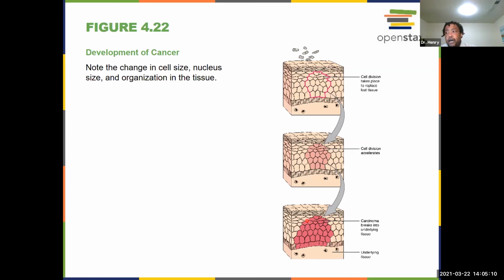Now, if they're able to break off and get into the bloodstream or the lymph node system, then they'll start going to the lymph nodes or other areas, the lungs. For instance, my mom had breast cancer. Her lump had gotten so big that those adhesion factors weren't really connecting.